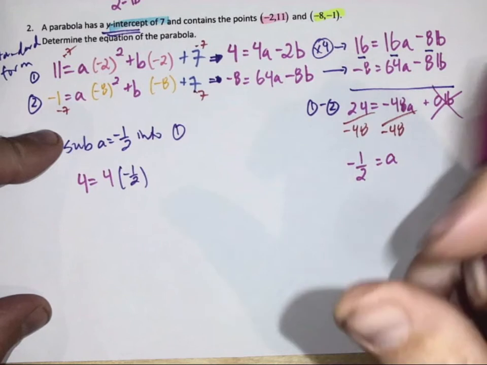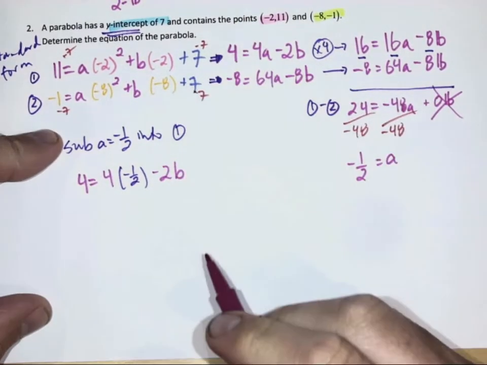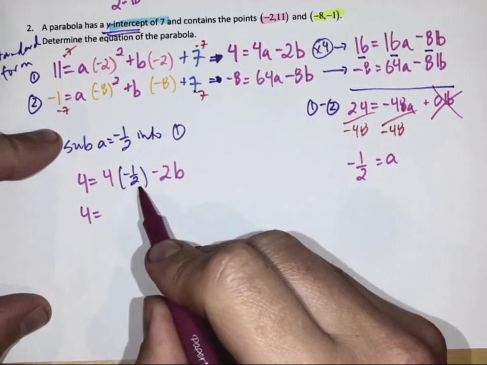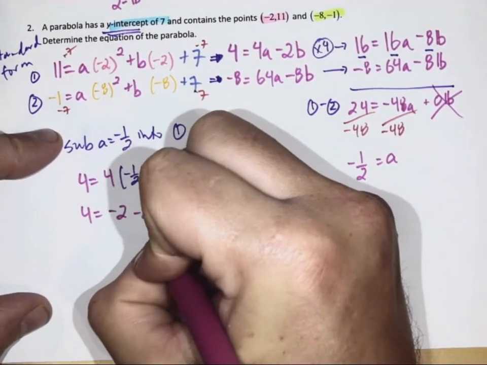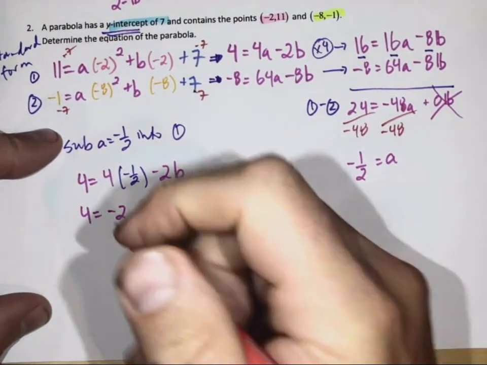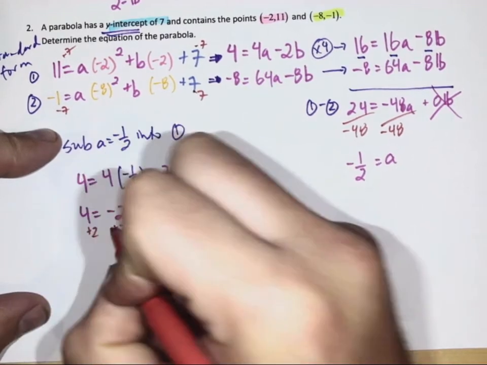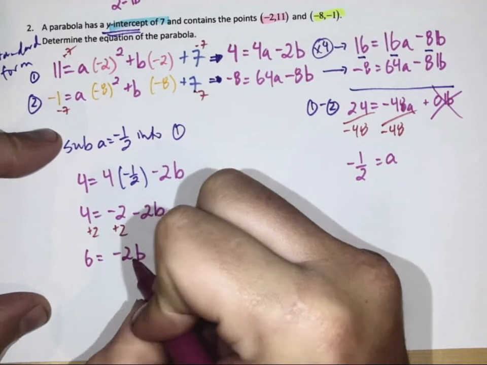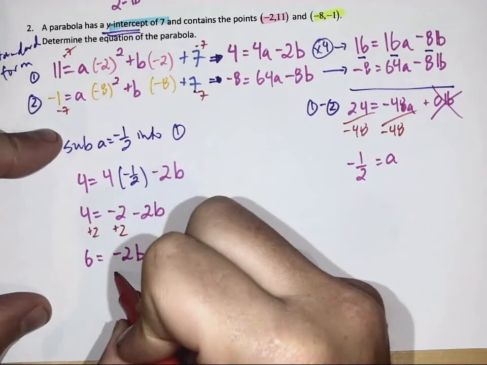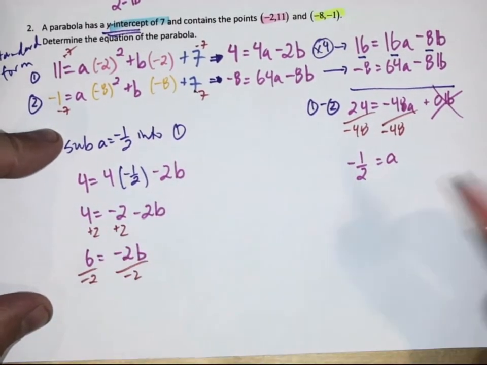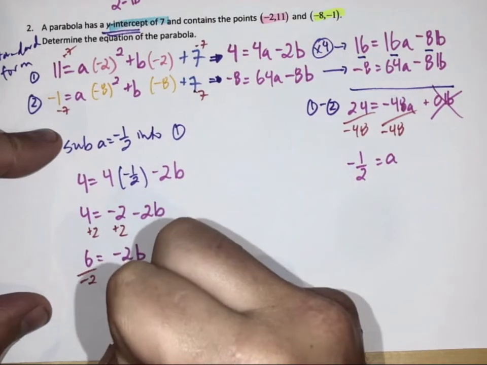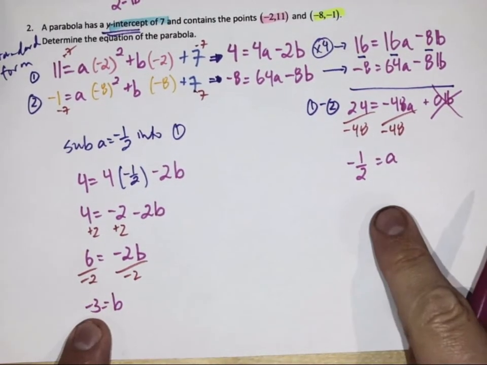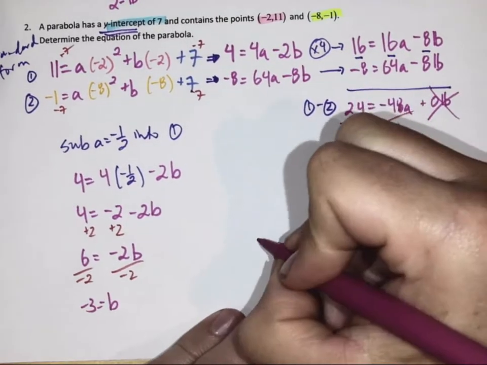And then I solve. 4 times negative 1/2 is negative 4 divided by 2, negative 2. Collect like terms. And isolate my variable. I have an a term, I have a b term, now I can put them together.